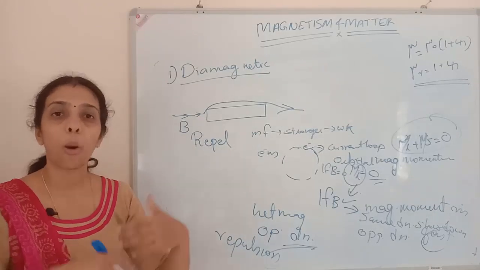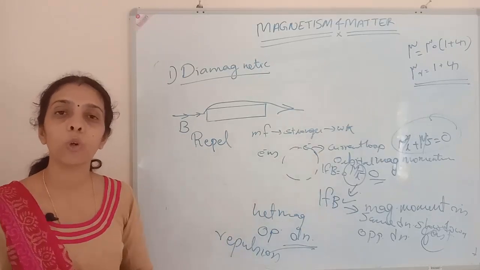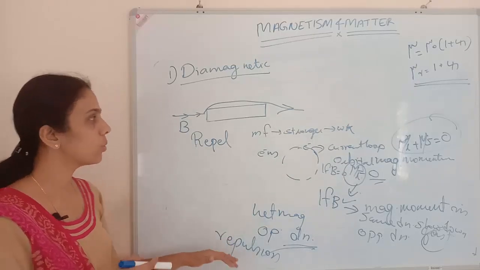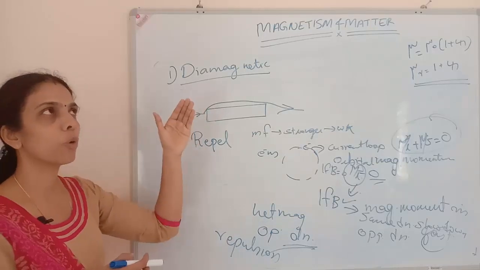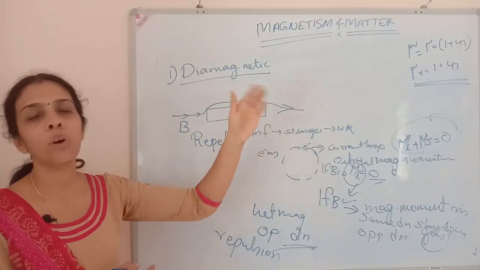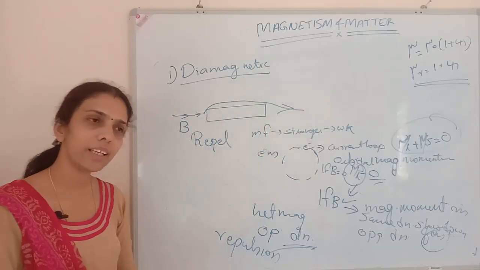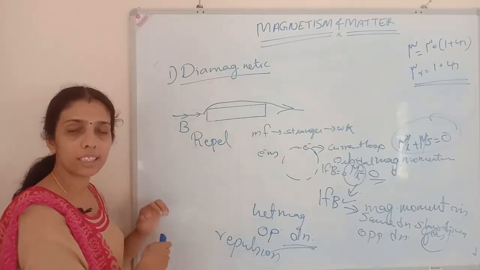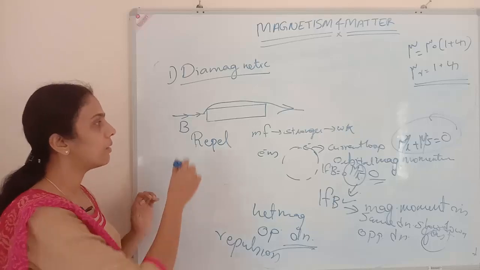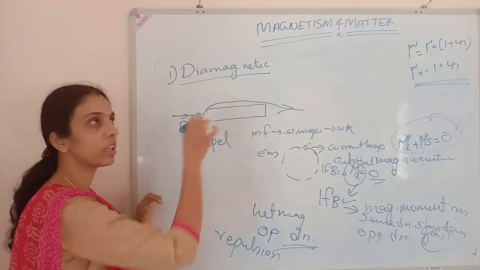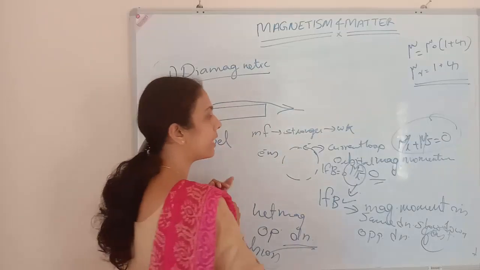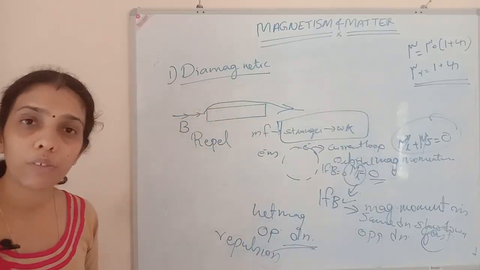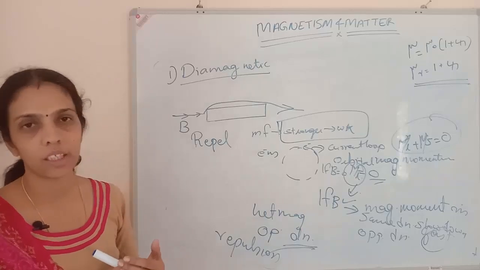Moving opposite to the field, it will be repulsion. That is the reason we say it moves from stronger to weaker field. Clear? So always remember, in the case of diamagnetic material, it will be moving from stronger to weaker field.